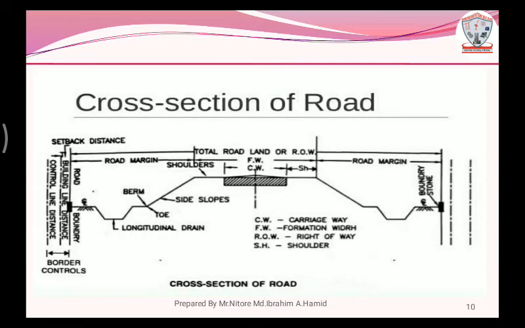This is the cross section of road in which we see the road land or carriageway, berm, road margin, setback distance, etc., which will be discussed in depth in the next presentation. First, we see the full form.